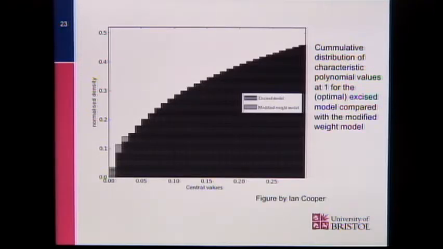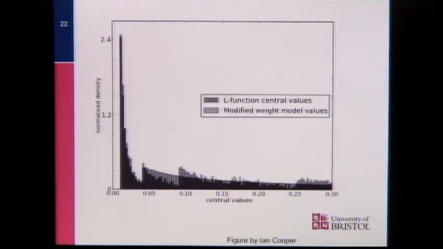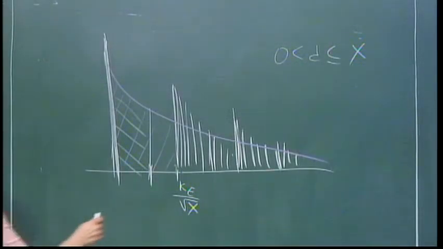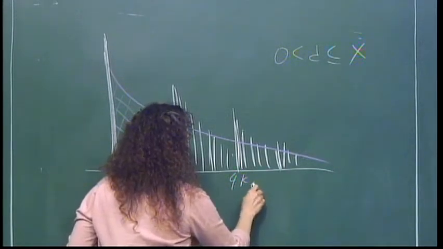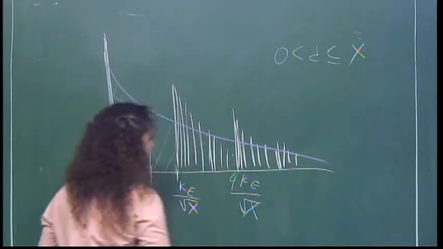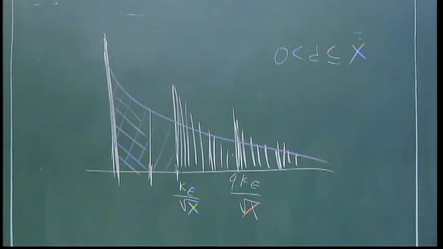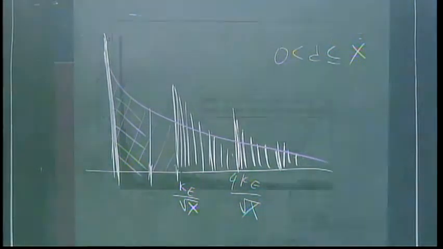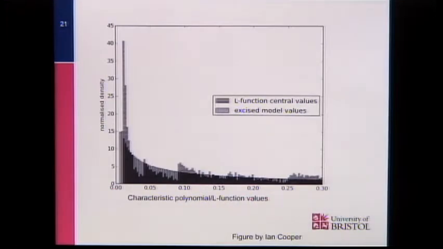But the interesting thing is that these two plots match after this point here, where the second excision is. This is the point for kappa over root x, where the peak with c equals 2 kicks in. The reason that's interesting is that it explains why the cutoff for the excised model is here.